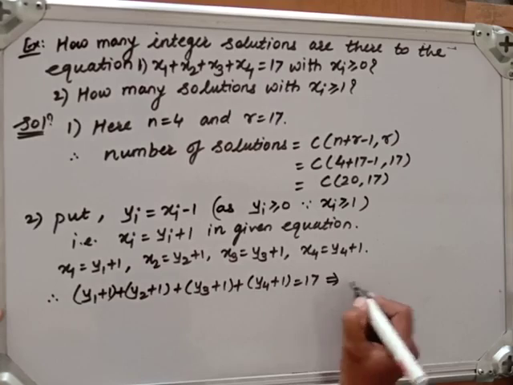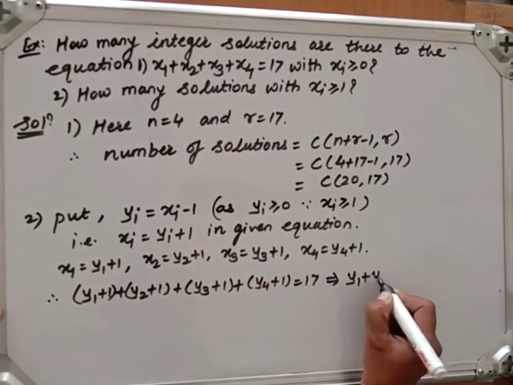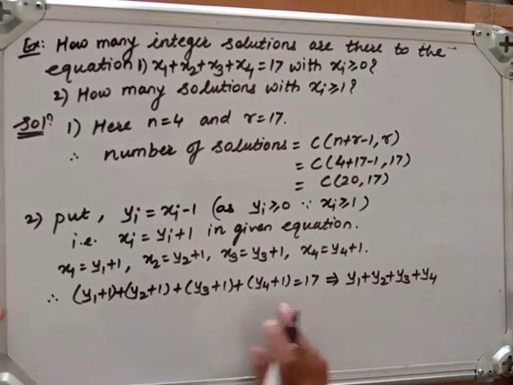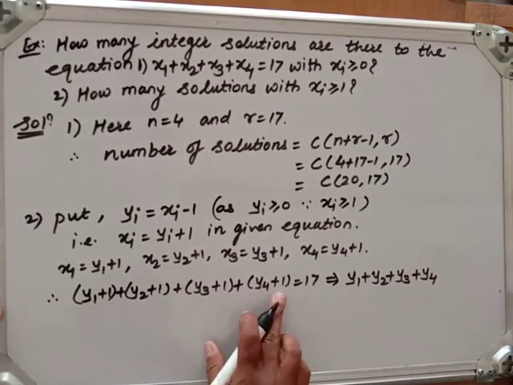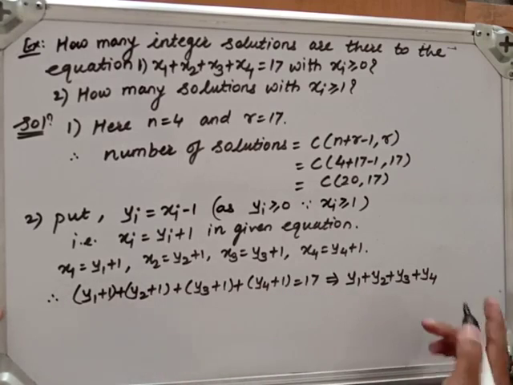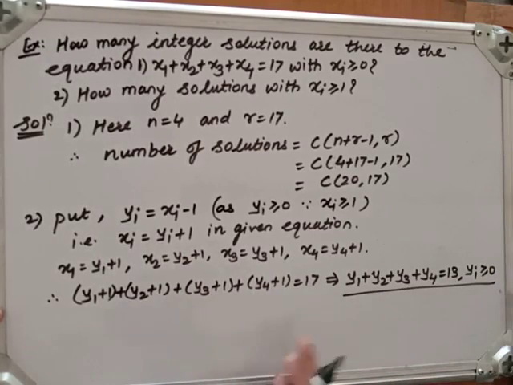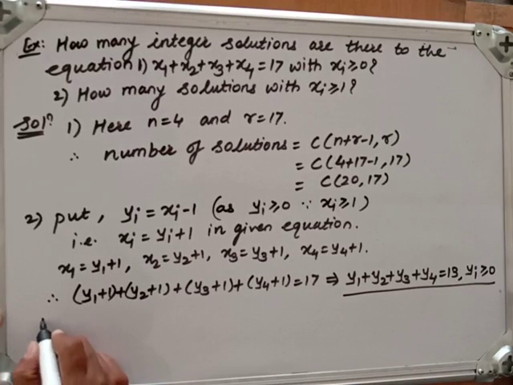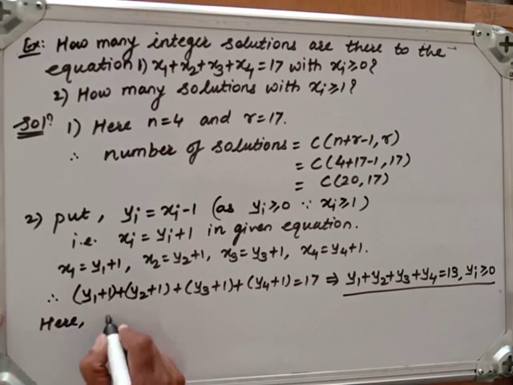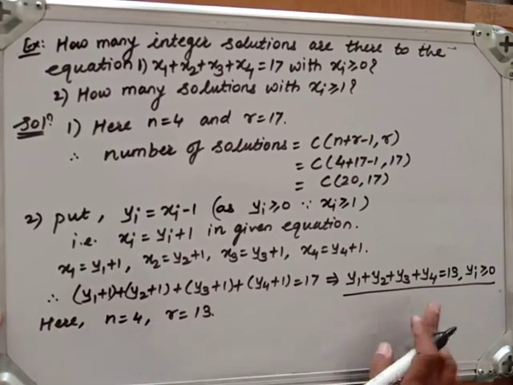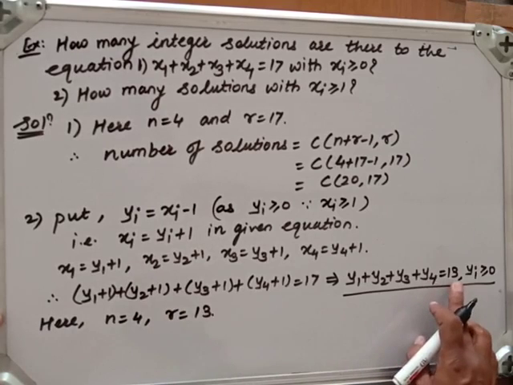So this gives us y1 plus y2 plus y3 plus y4 equal to 17 minus 4, since the four 1s make 4. So this will be 13. And we know yi is greater than or equal to 0. So this is our new equation, where n is again 4, but r is now 13.